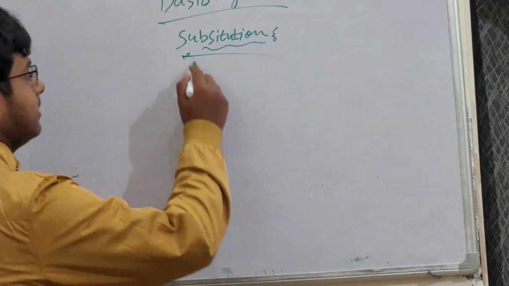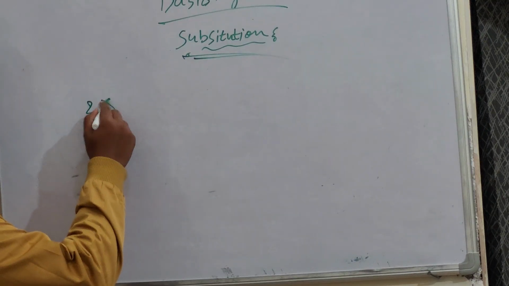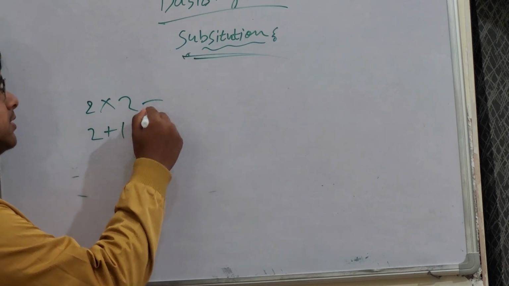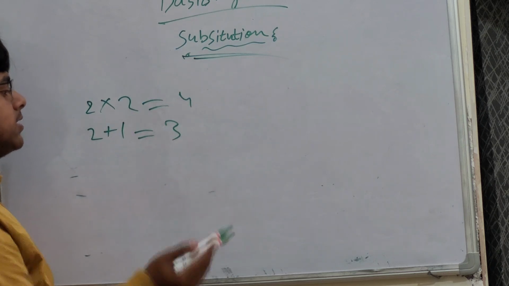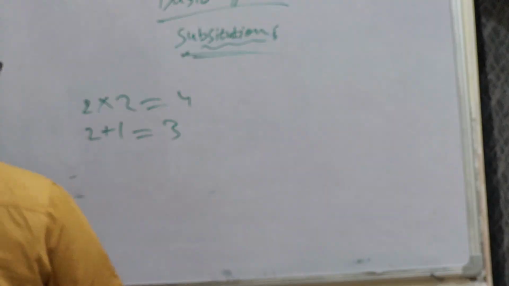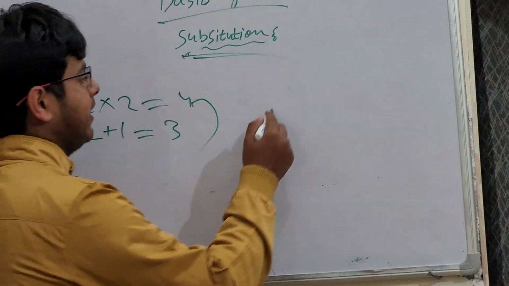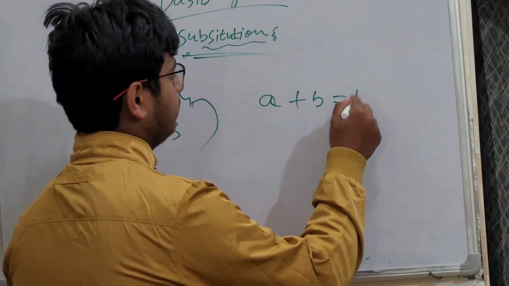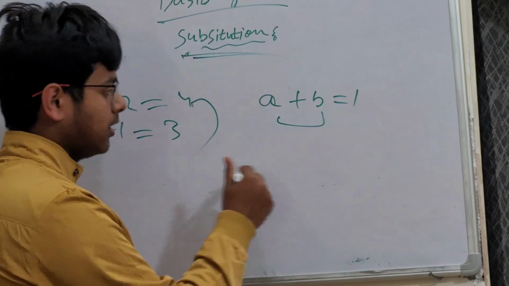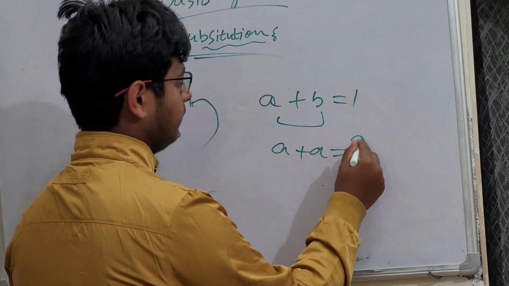So let's begin. We are going to algebra. Just like we have numbers, we add and subtract numbers. I hope you know how to add and subtract numbers. In algebra, we have variables. For a plus b is equal to 1, we have to add it, and a plus a is equal to b.